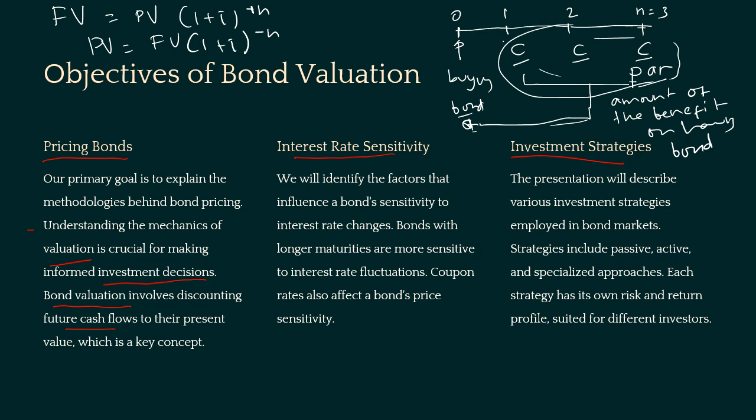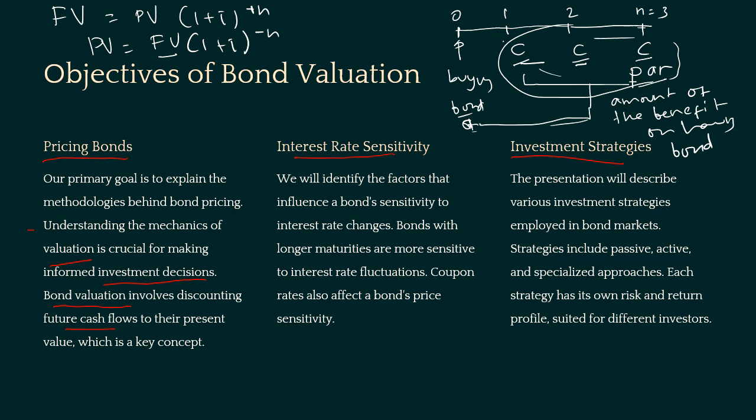Now, all these things, the three C's and par, are our future value, and we need to discount them back one by one so that we can have the value of the bond, and then we compare it with the price.